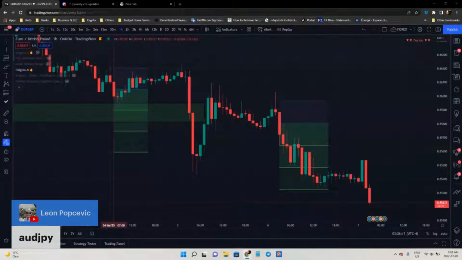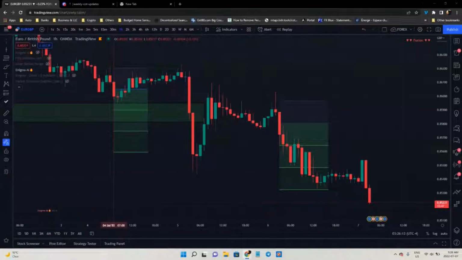Yes, exactly. If the strength between the AUD and the yen is bigger, you know exactly, like 95%, what the market wants to do.